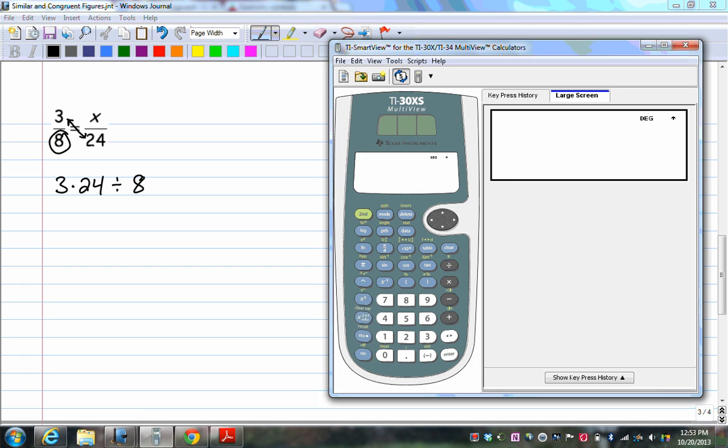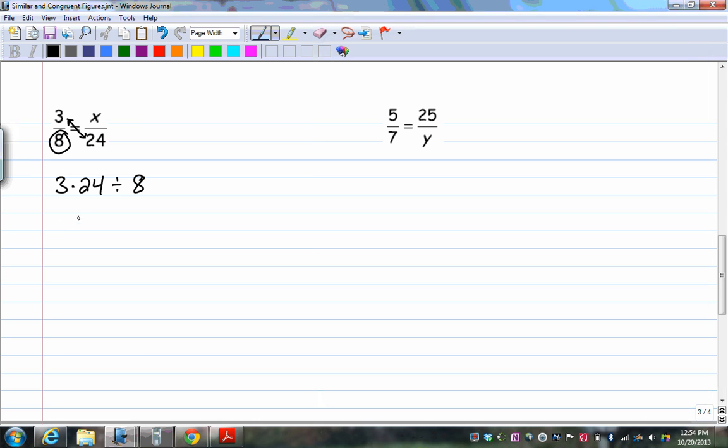You can do all of this without having to hit the equal sign, because of order of operations, it'll just go from left to right. So I can do 3 times 24 divided by 8, enter, and I get 9. So, over here then, x is equal to 9. Now, the algebraic way, I'm going to erase my little lines here.